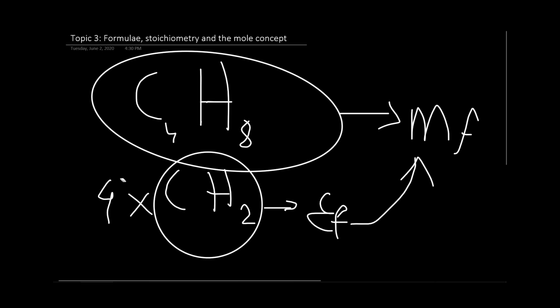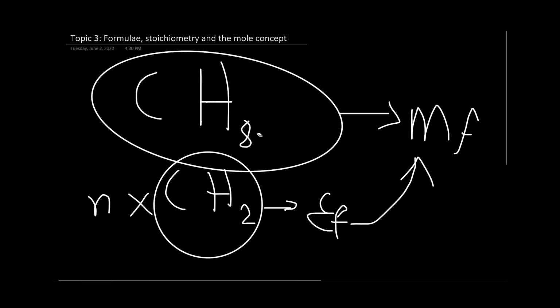So the step is to write n in place of 3, 4, or whatever comes up. Whatever comes up, you just place it in place of n, right? So for instance, here it's C5H10.